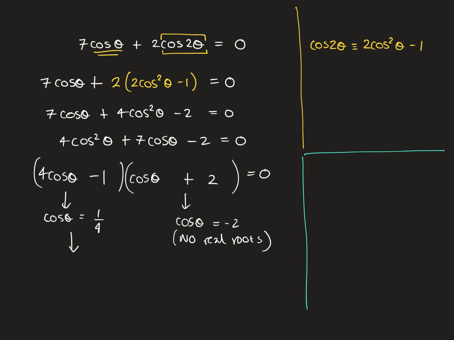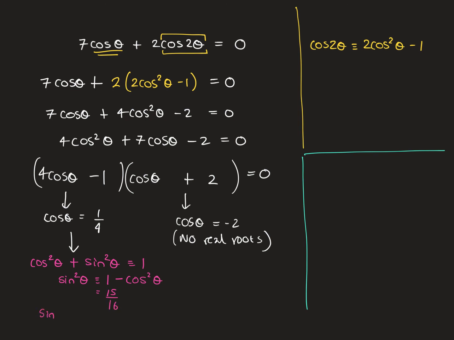So how do we find sine theta if we know what cos theta is? Well, there are multiple ways of doing this, but I think an easy way is to use the fact that cos squared theta plus sine squared theta is 1. So sine squared theta is 1 take away cos squared theta. So that gives us sine squared theta, in this example, as being equal to 15 over 16.